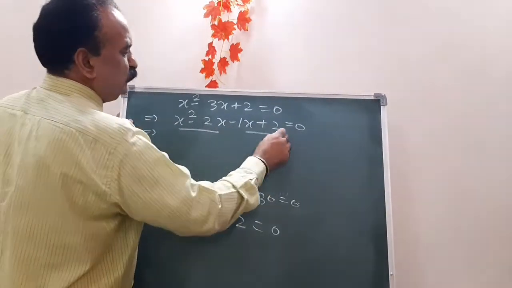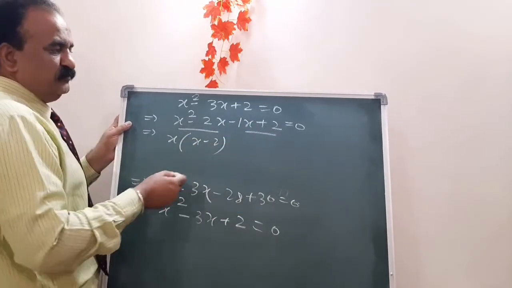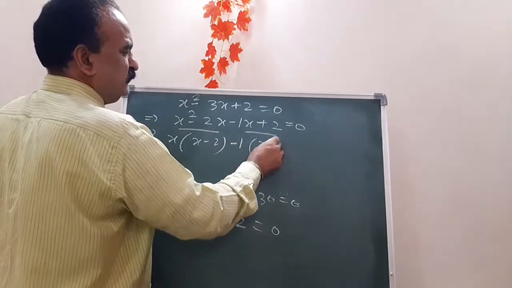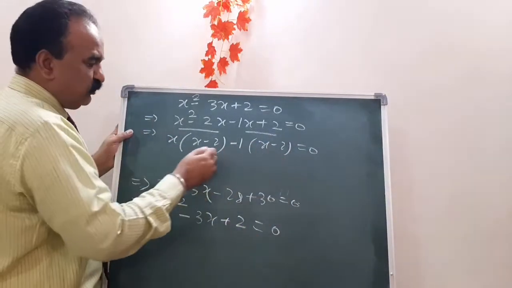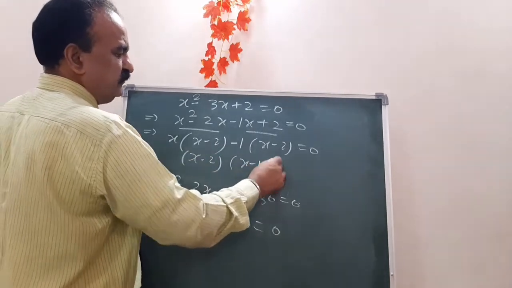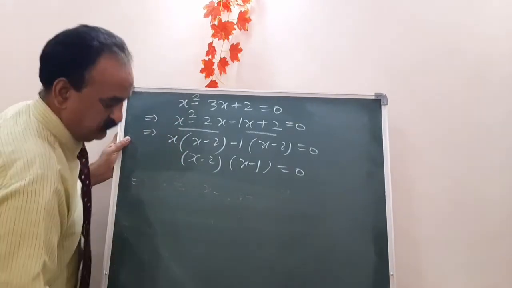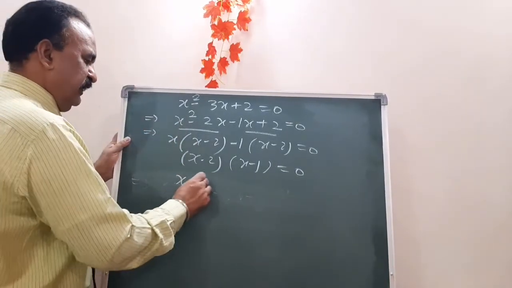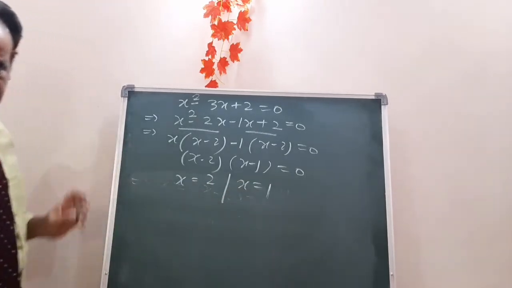These two terms and these two terms. x common, x minus 2. Minus 1 common, x minus 2 equal to 0. x minus 2 you can take common, x minus 1 equal to 0. It means x is equal to 2 and x is equal to 1.